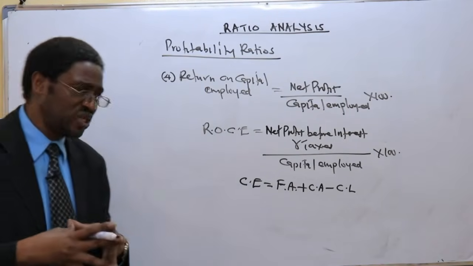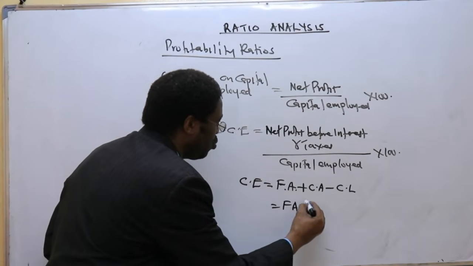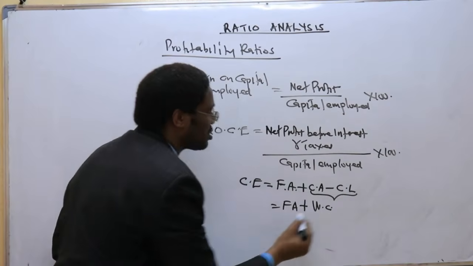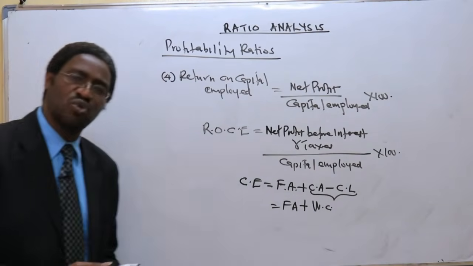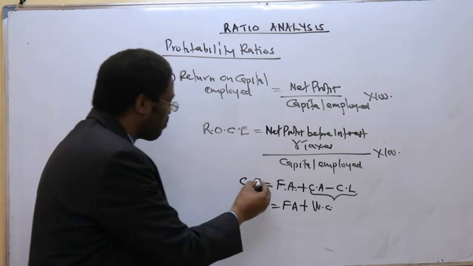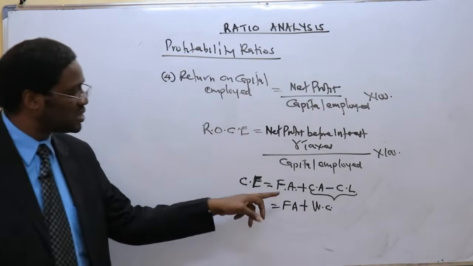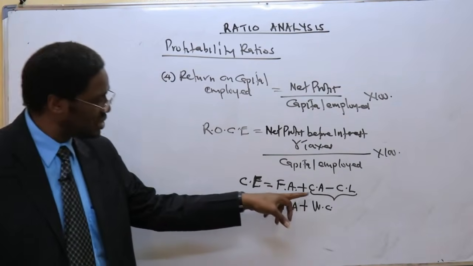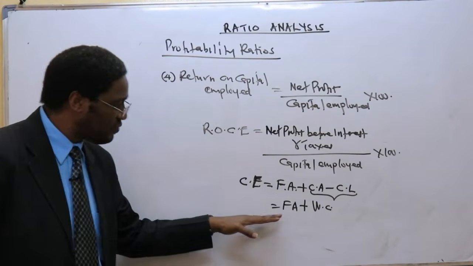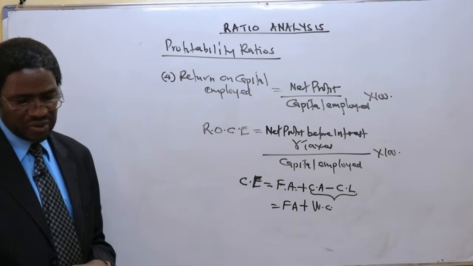In other words, take the fixed assets of that company and add what we call working capital. Current assets minus current liabilities give you working capital. So you can get the capital employed by taking the fixed assets plus current assets minus current liabilities. Alternatively, take the fixed assets plus the working capital of that business.